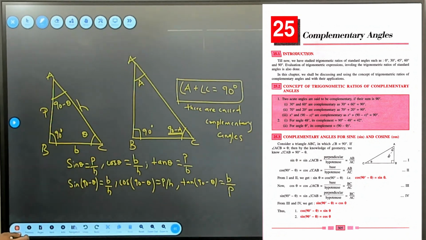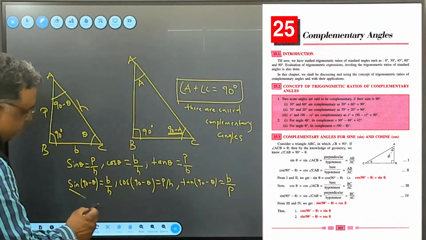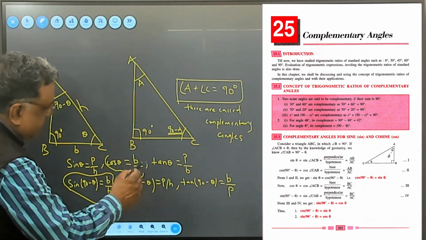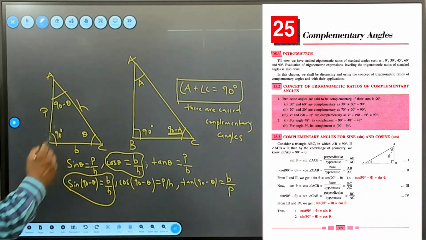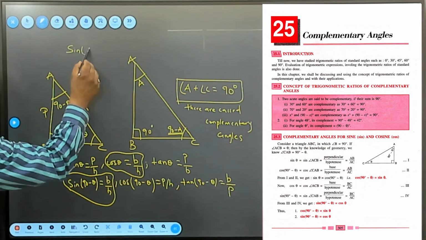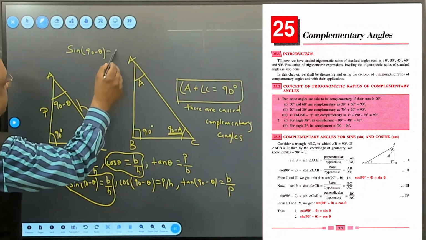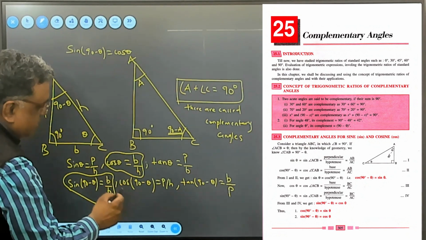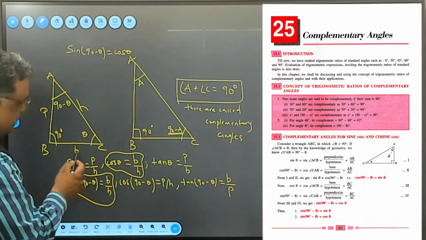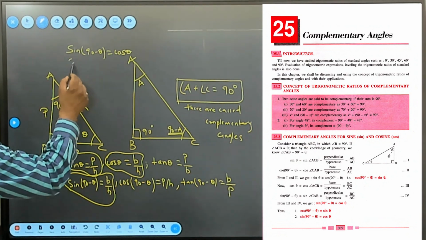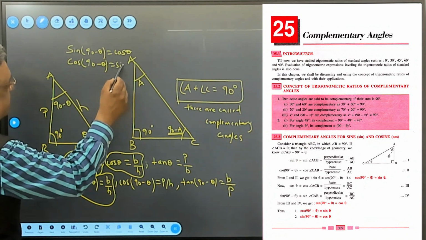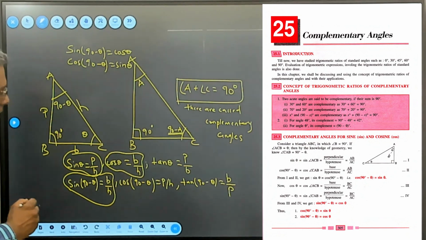So can we not see from here that sine 90 minus theta has the same value as cos theta? So can I not say sine 90 minus theta is always equal to cos theta? Same way, cos 90 minus theta is P upon H, and its value is equal to sine theta. So cos 90 minus theta is sine theta. Now, what is tan 90 minus theta?